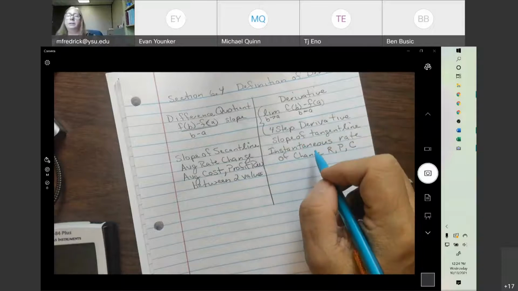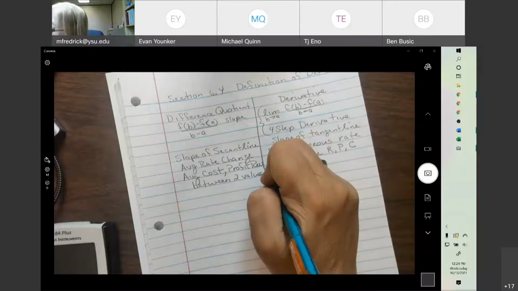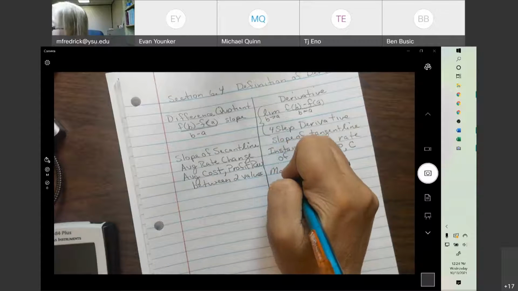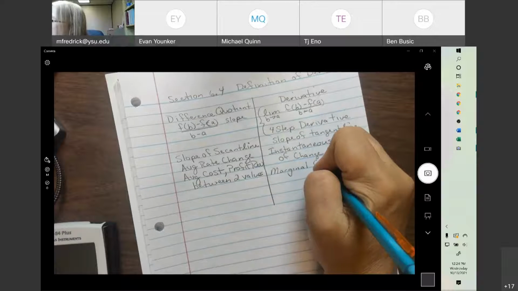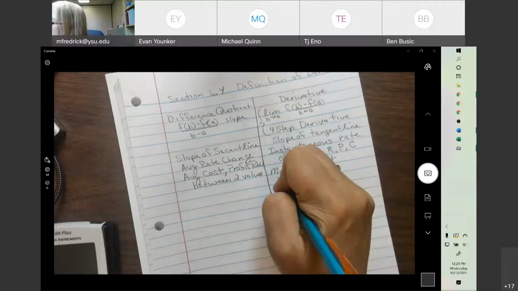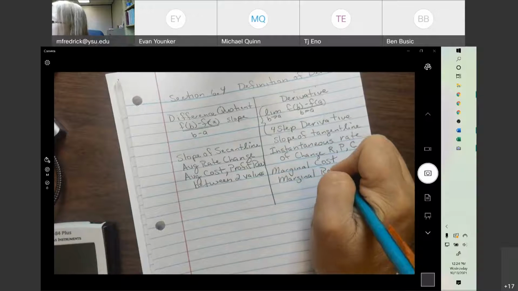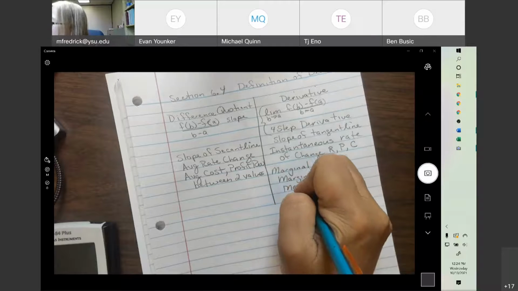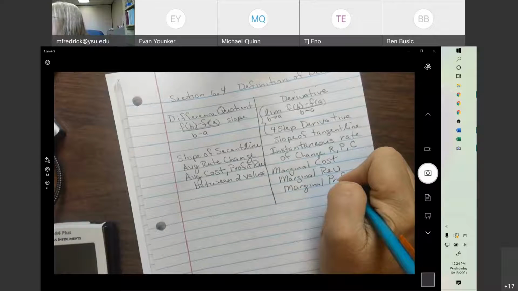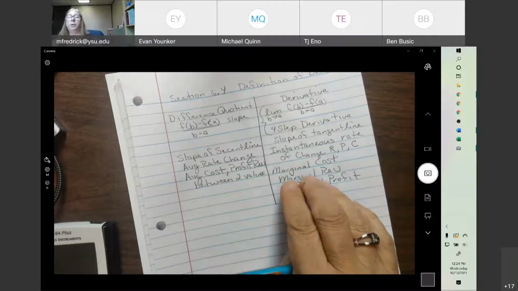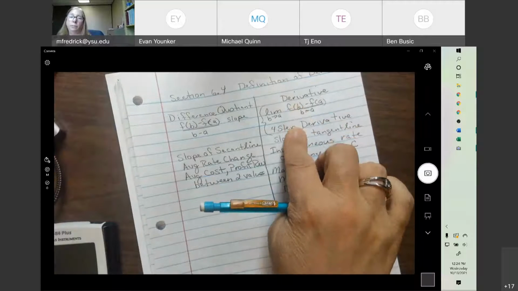And a lot of times instead of instantaneous, they'll say marginal. So marginal cost, marginal revenue, and marginal profit. So if it says marginal or instantaneous, you have to use one of these 2, which I'll show you this one in a minute.